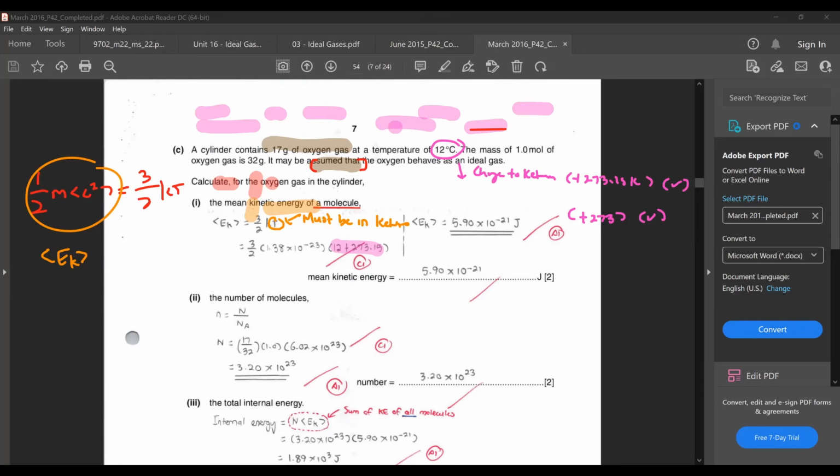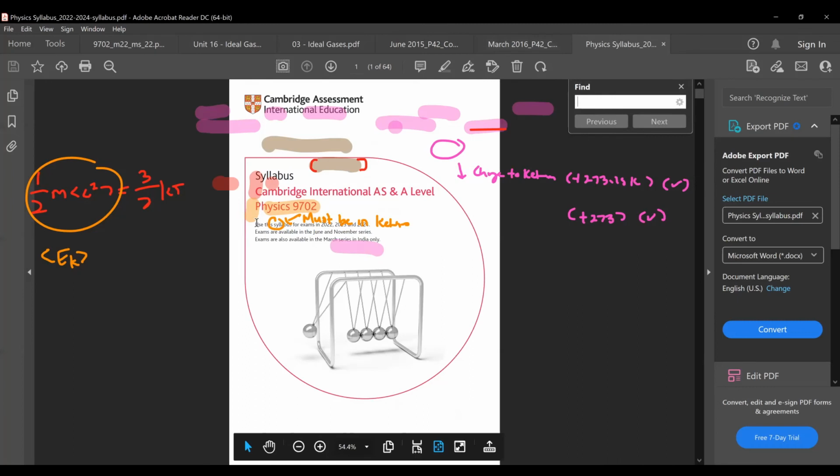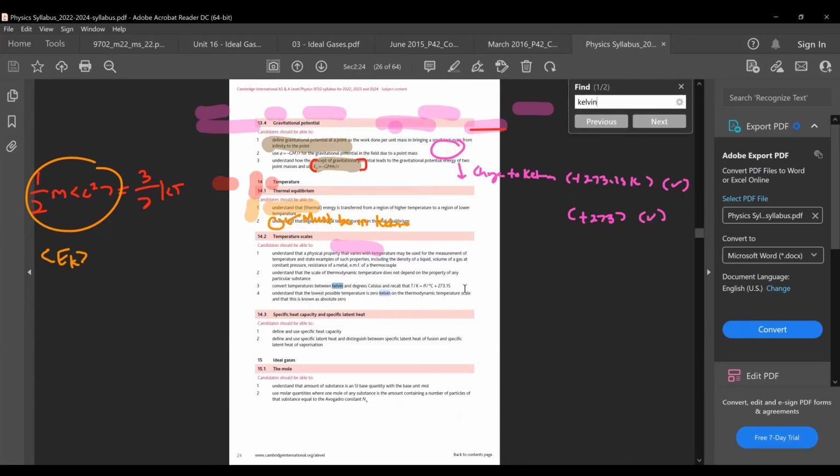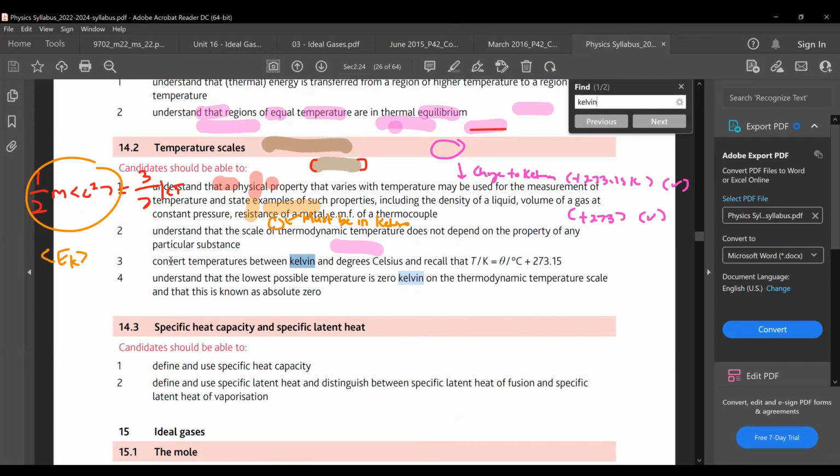Let me just show it to you, why there is 273.15. In your syllabus booklet, you're required to know how to convert between Kelvin and degrees Celsius and recall that temperature in Kelvin is temperature in degrees centigrade plus 273.15. So they've already told you that you can use 273.15.